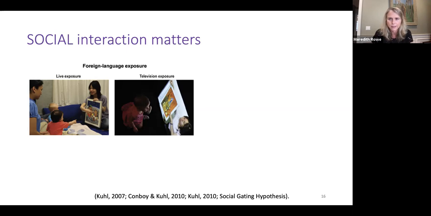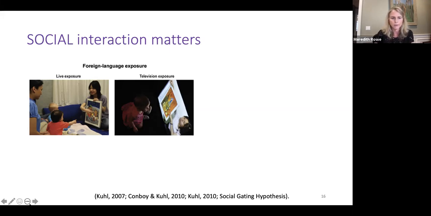So in this study, she had 9-month-old babies on the left-hand side. These are American babies learning English, and they came to the lab for repeated visits with a Mandarin-speaking woman who read this book with them and exposed them to Mandarin. On the right-hand side, the same age babies from the same population were exposed to the same woman saying the same thing, but the woman was on a screen, and not there with them.